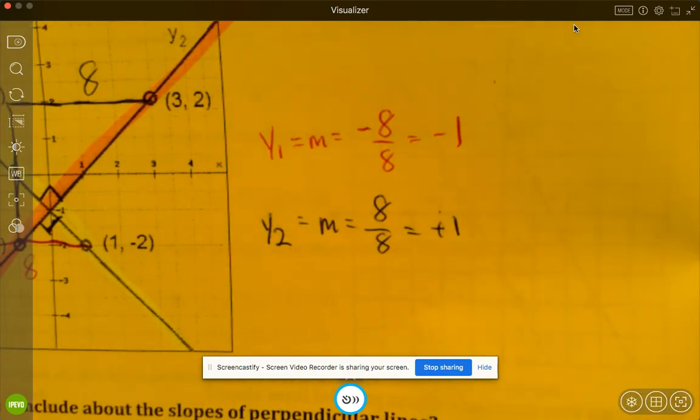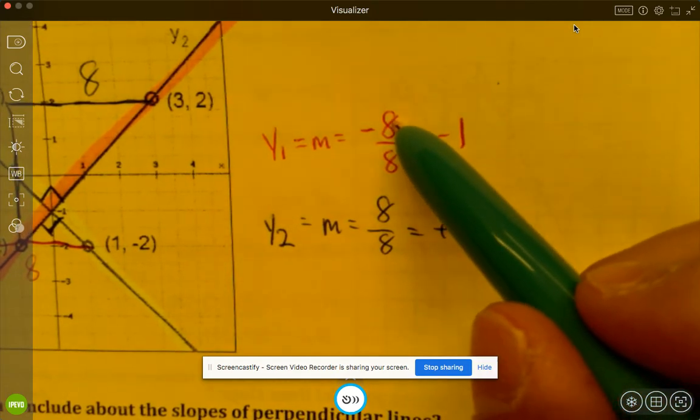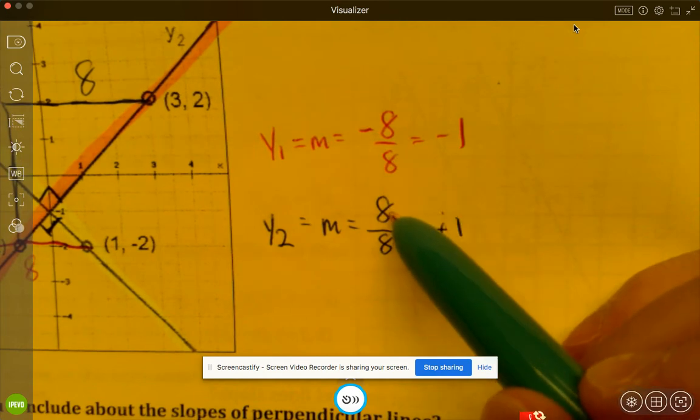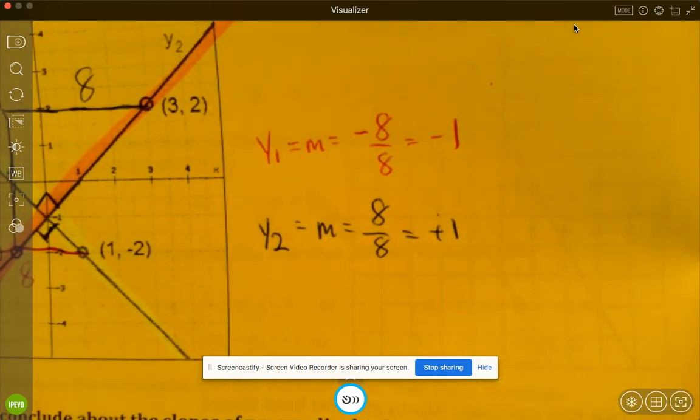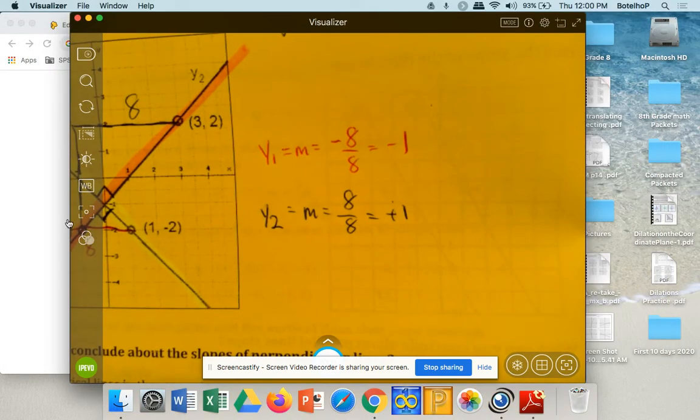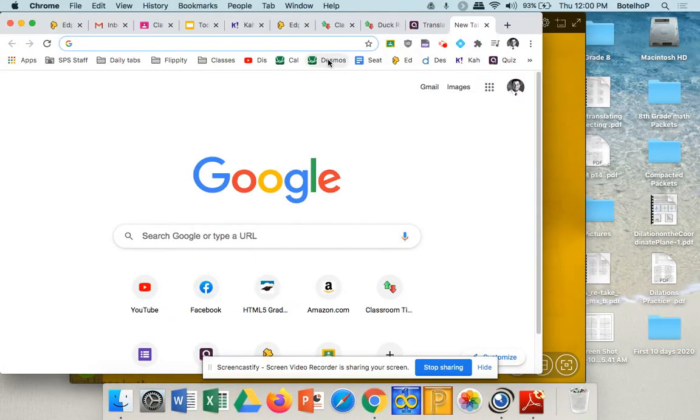And reciprocal means the opposite of 8 over 8 is 8 over 8, which makes this a really bad example. So let me go back to Desmos like I did in the other video and give you an example of what I really should have shown you to begin with.